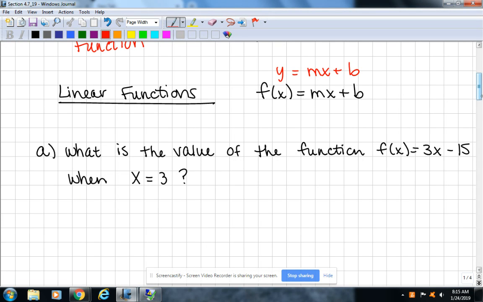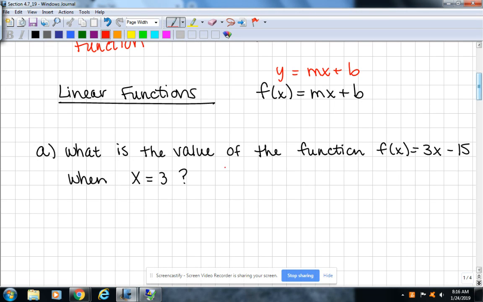So it says, what is the value of the function f of x equals 3x minus 5 when x equals 3? Now, how do you think we're going to figure this out? Your x is what you put into the function. Here's my function. I'm going to plug 3 in.